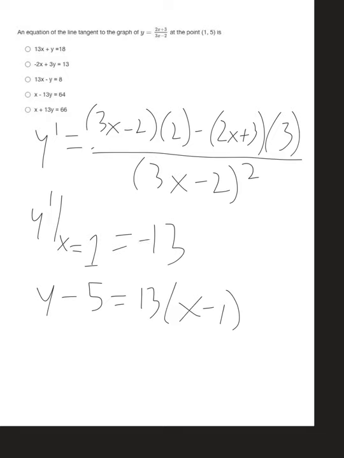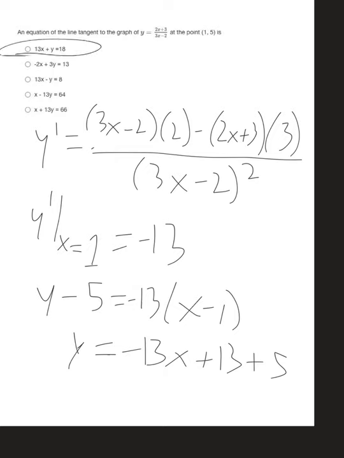There would be a negative 13. So then we're going to get y equals negative 13x plus 13 plus 5. And then I just need to look at which one of these is going to work. And that should be the first one. If I move the 13x to the other side, it will be positive. The y stays positive. Leave the 13 plus 5, which is 18, on the right. There we go.